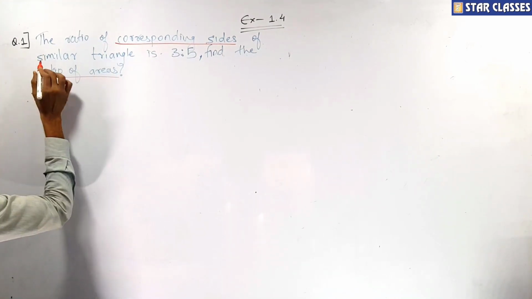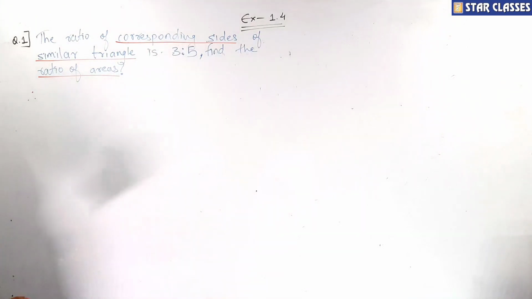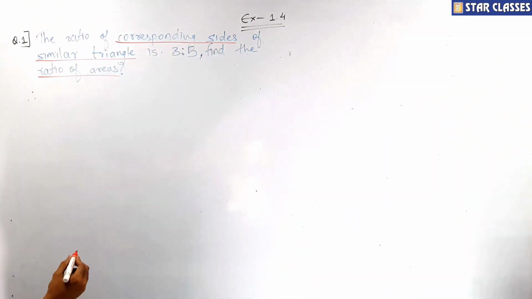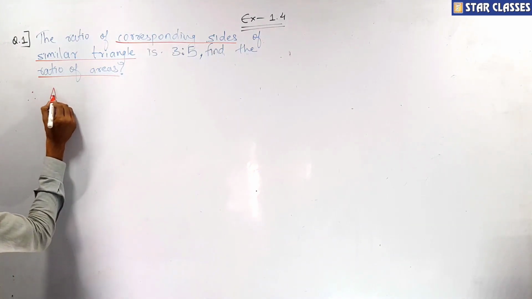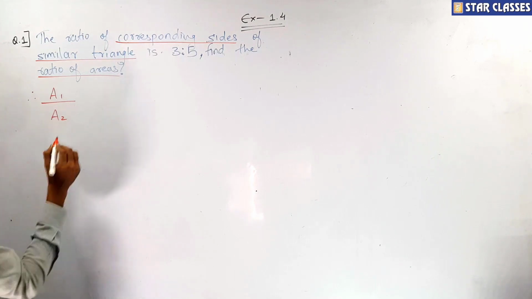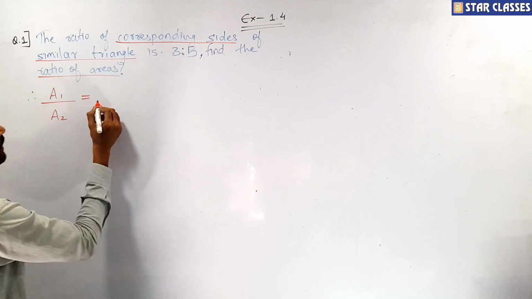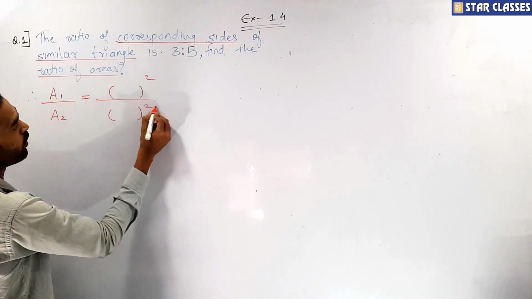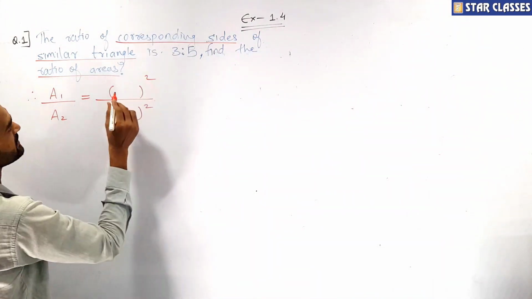First, we know the triangles are similar. So what will we apply? We will apply the areas of similar triangles. So we'll write here: area of triangle 1 upon area of triangle 2 is equal to what? The ratio of squares of their corresponding sides. So which sides?